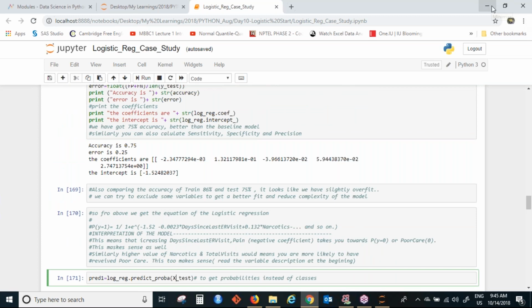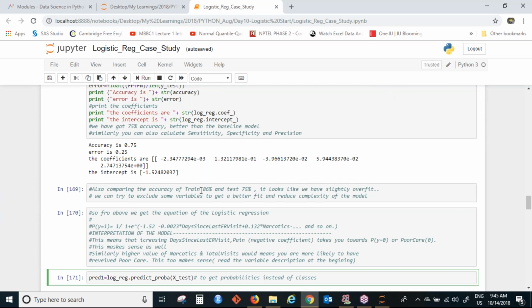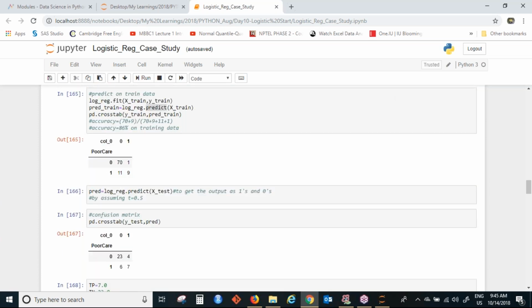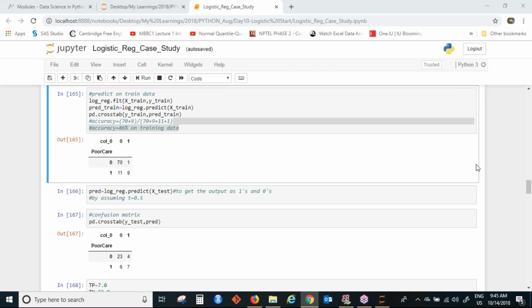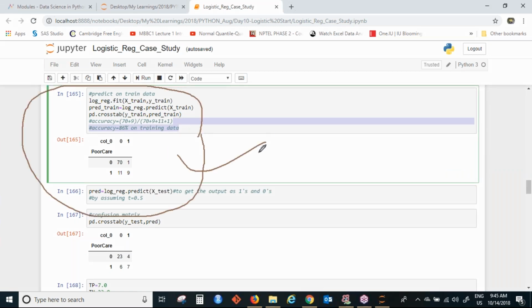We will talk about why we get the probability out. If we can directly get ones and zeros, why do we need the probability? Why are we getting directly ones and zeros here? Because Python is using a default threshold of 0.5.